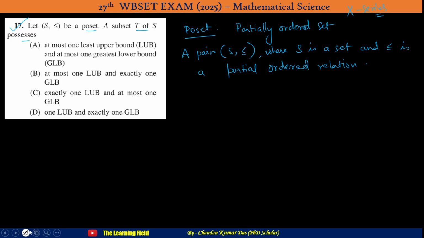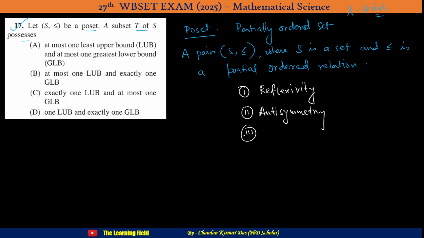And this poset satisfies the three most important properties: the reflexive property, second is the antisymmetry property, and third is the transitivity property. These are the basic facts related to the poset.